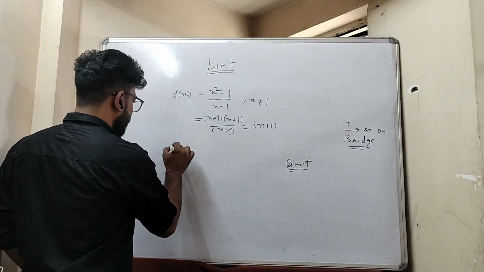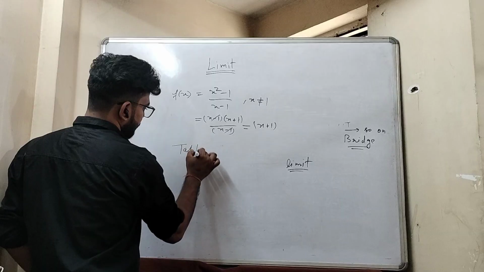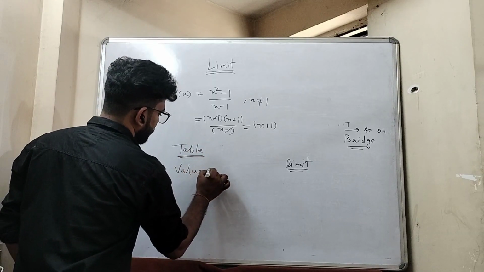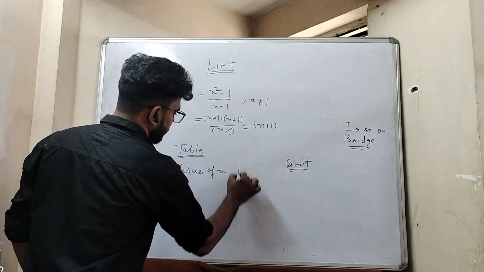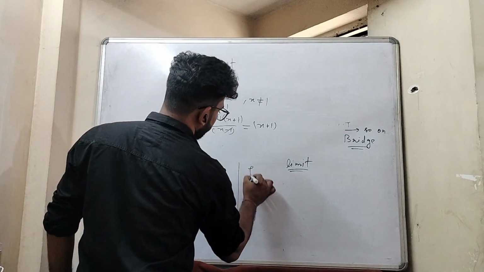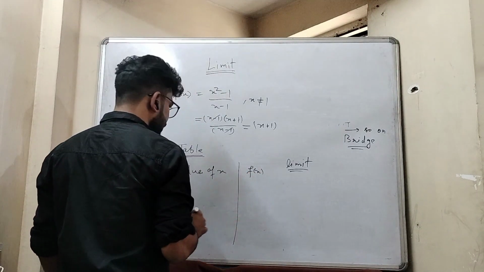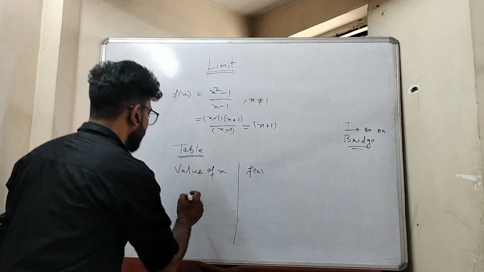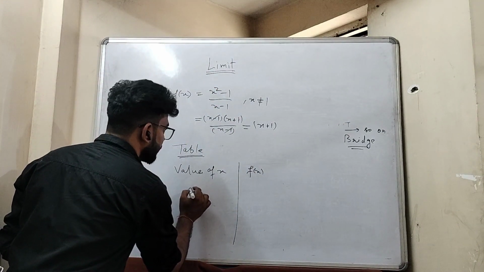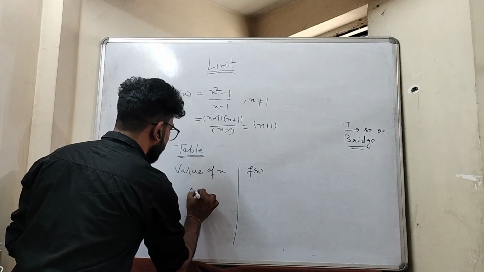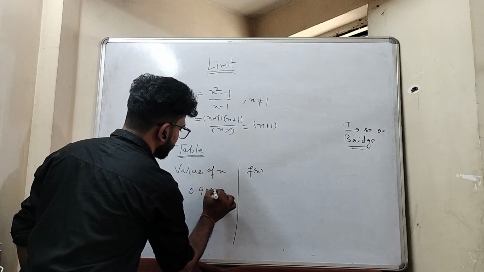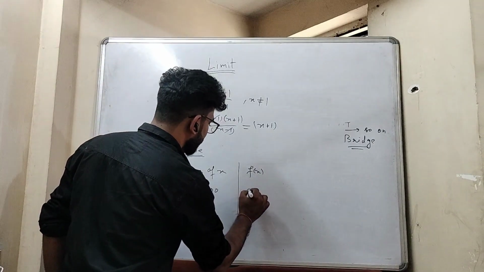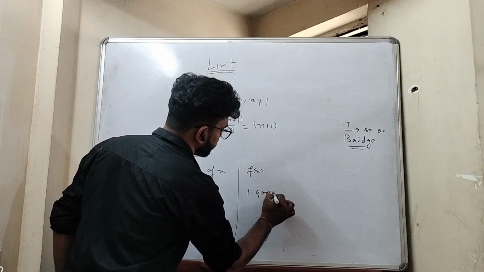Now just study this table. Value of x, and here value of f of x. When I put the value x equal to 0.9000, my function value would be 1.9000.